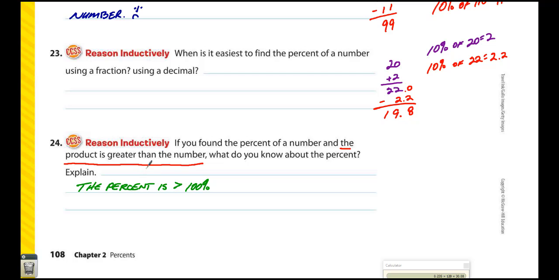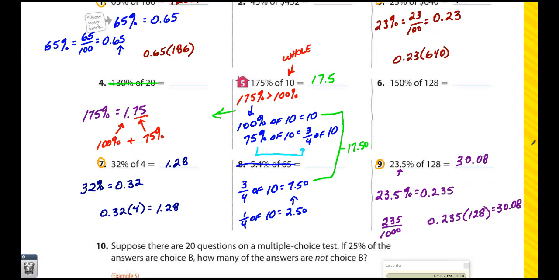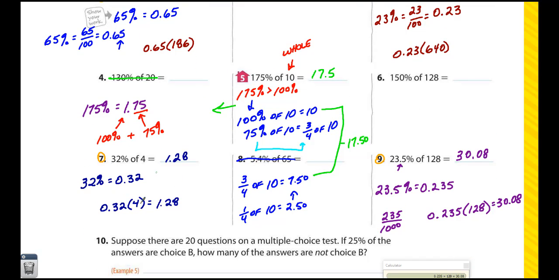And we saw that problem back. Let me take you back for a minute. We saw that problem right here on number 5, where we had 175% and we ended up with a bigger amount at the end.